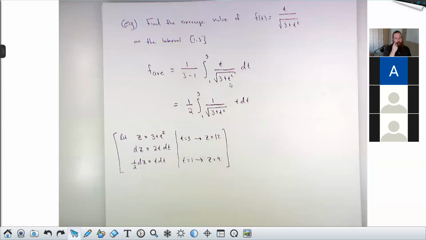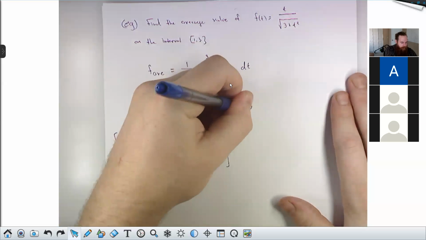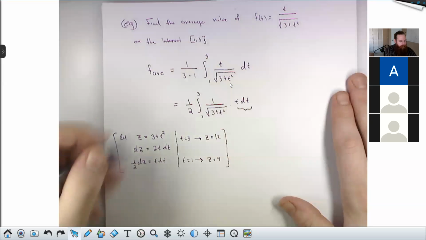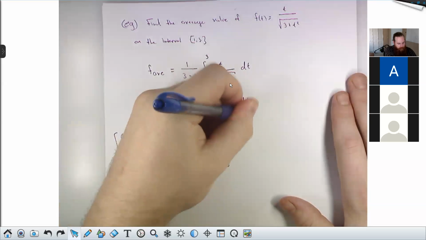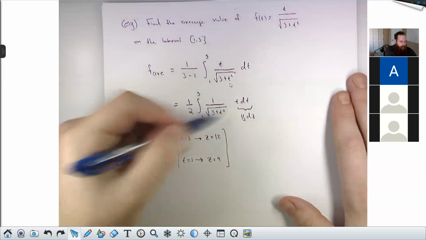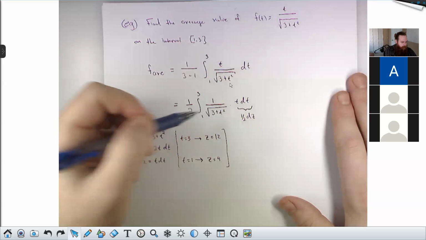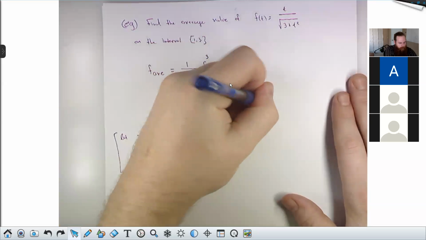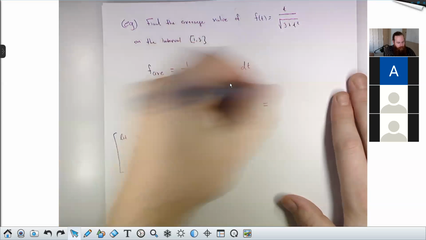So here's all the stuff I need for my substitution. This t dt, that's 1/2 dz. And this piece will be 1 over the square root of z. So I've got a 1/2 out front, that was already there.